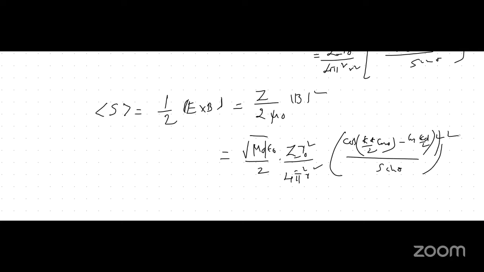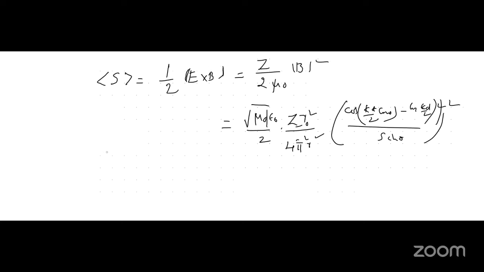If you want the average radiated power per unit solid angle, we will get that as dP by d omega. If you solve this, you are going to get 4 pi r square into the average Poynting vector S, by 4 pi, that is r square S of z.